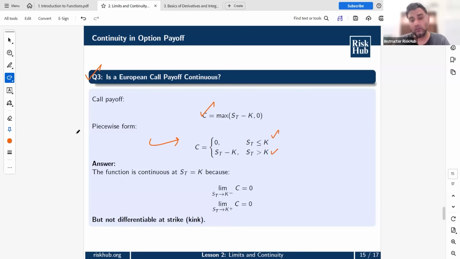So is the payoff continuous at the strike? If you take the left hand limit, S_T tends to K from below, payoff C goes to 0.